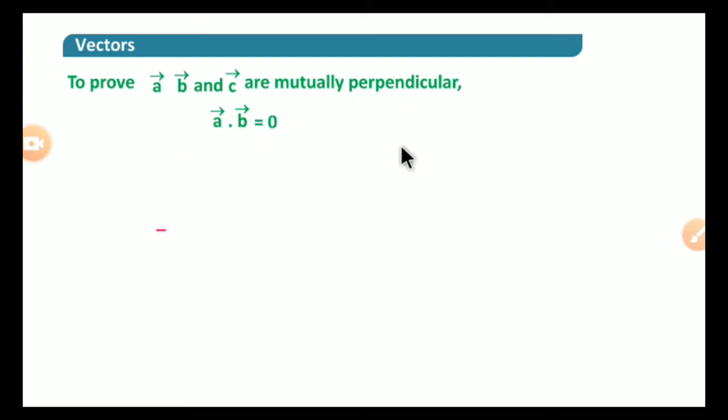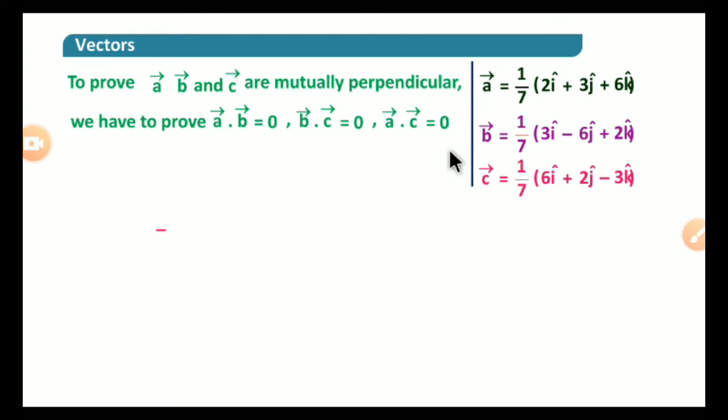To prove that A, B, C are mutually perpendicular means A dot B equal to 0, B dot C equal to 0 and A dot C equal to 0. Already I have told you. If we prove these three, then we can say that A, B, C are mutually perpendicular to each other. Now let us prove the first one, A dot B equal to 0.